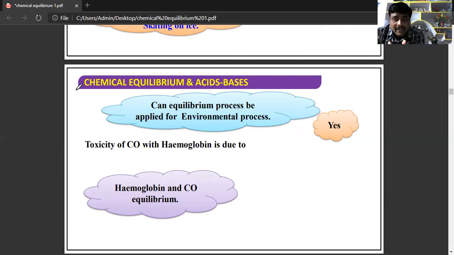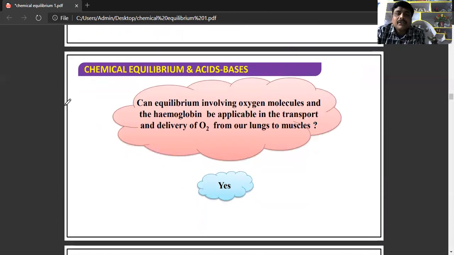The toxicity of carbon monoxide is due to the hemoglobin and carbon monoxide equilibrium. The equilibrium involving oxygen molecules and hemoglobin is applicable in the transport or delivery of oxygen from our lungs to muscles.